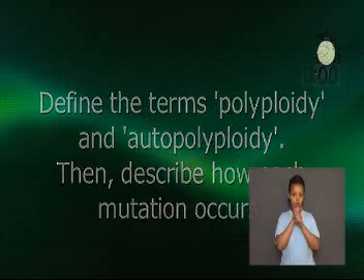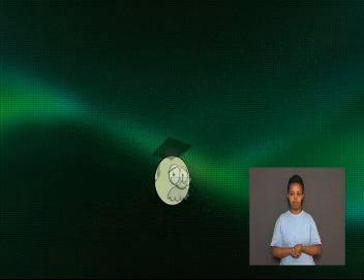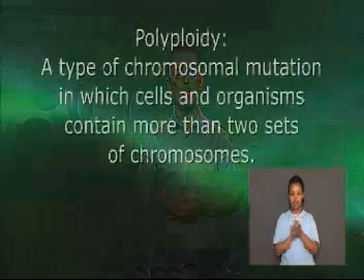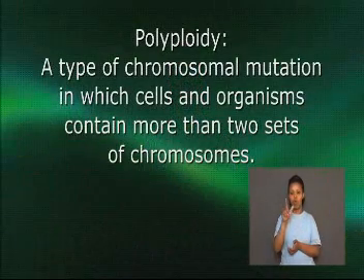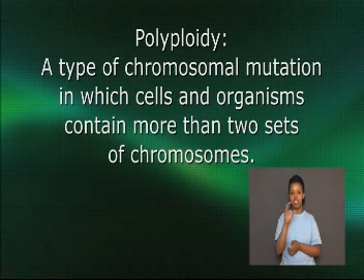Time's up! Let's get back to our lesson. Hello again, students. Were you able to define those terms? Let us discuss the answers together. Polyploidy is a type of chromosomal mutation in which cells and organisms contain more than 2 sets of chromosomes.